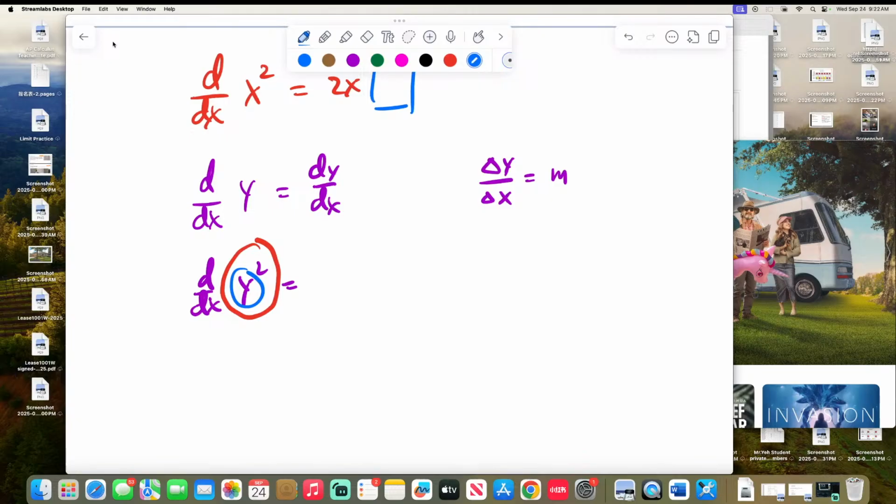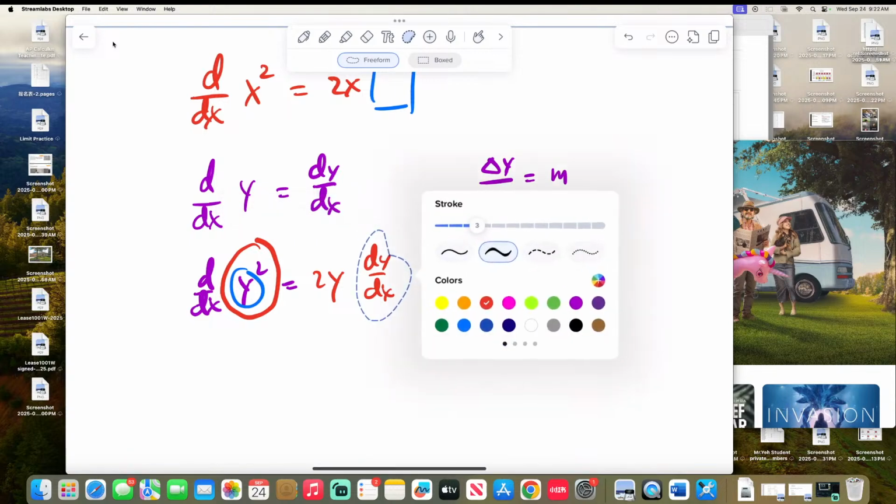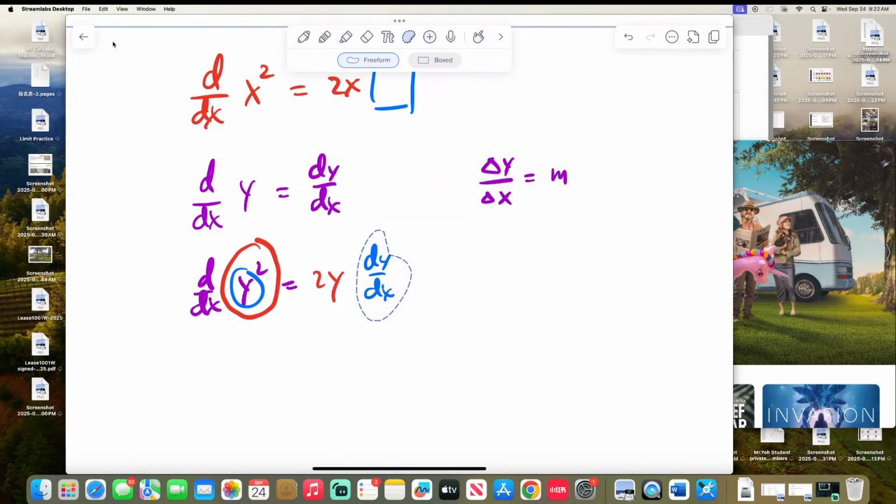So first of all, we deal with y squared, and we get 2y, like what we expected. Now we're going to take a derivative of y with respect to x, so therefore it's dy/dx. Do you see that? There's a dy/dx that occurs. So that's called implicit derivative.